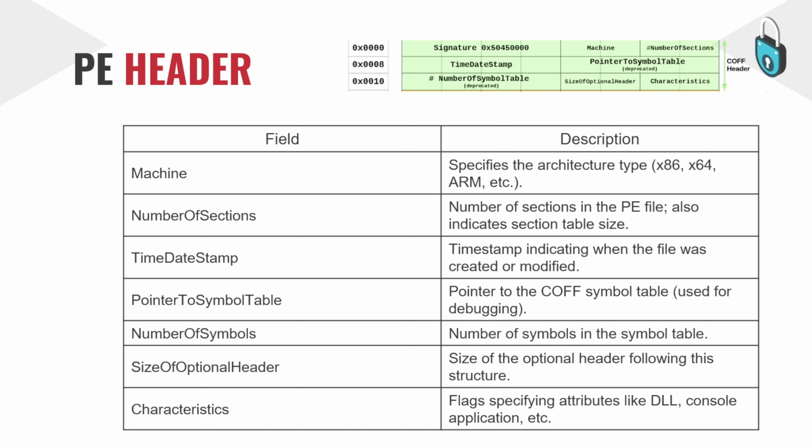This field is very important to know when the file was actually compiled. Any modifications or alterations in this can give us significant indications of its suspicious nature. Then there is other information like size of optional header and other characteristics.